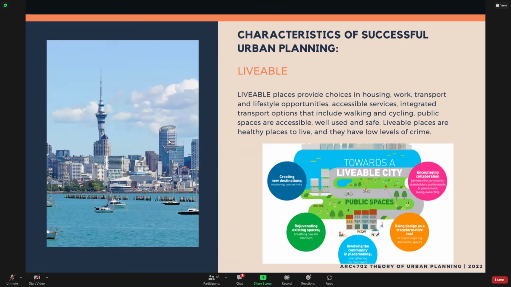Okay, why did I put the Auckland picture here? Because Auckland was voted the most livable city last year. Last year, during COVID, the Economist Intelligence Unit, which is based in London, which usually comes up with this livable cities ranking every year, ranked Auckland the most livable city during COVID.